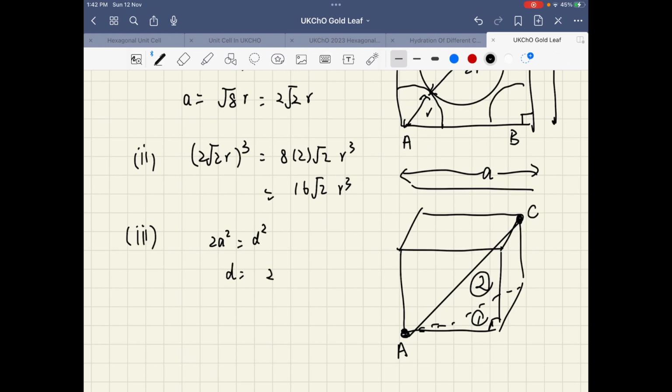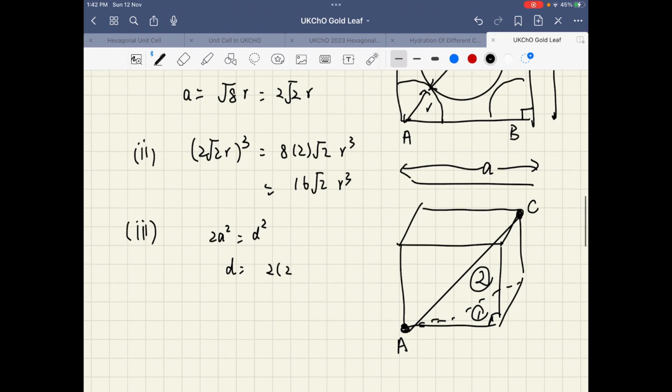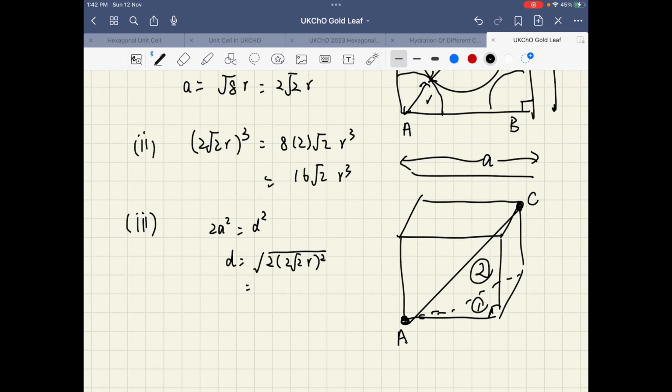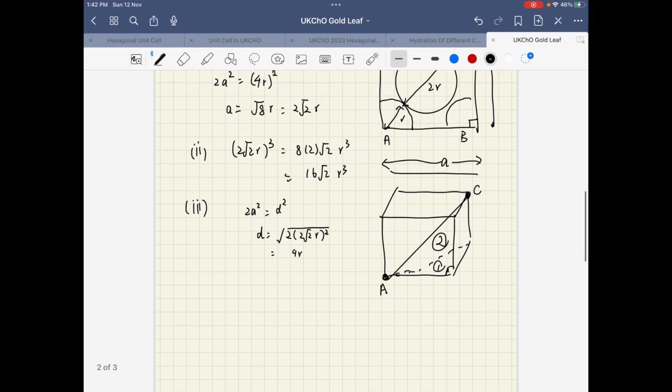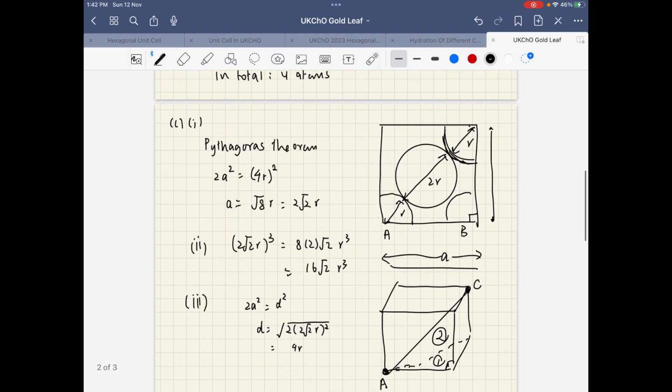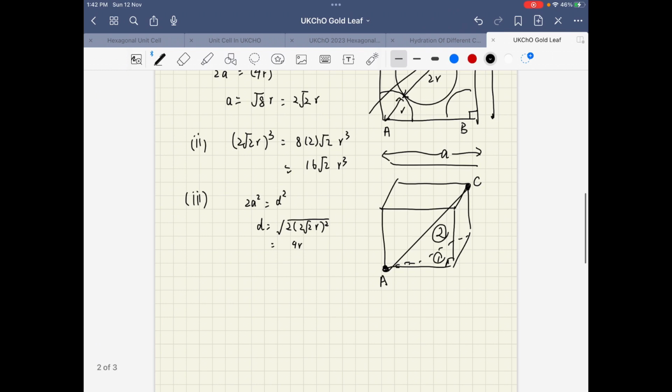So my diagonal is actually 2 times square root 2 times 2R, and then square root the whole thing, which gives me, oh, actually I need a square here as well. So that would just be 4R. Yeah, that's 4R, which is also the result I find from here.